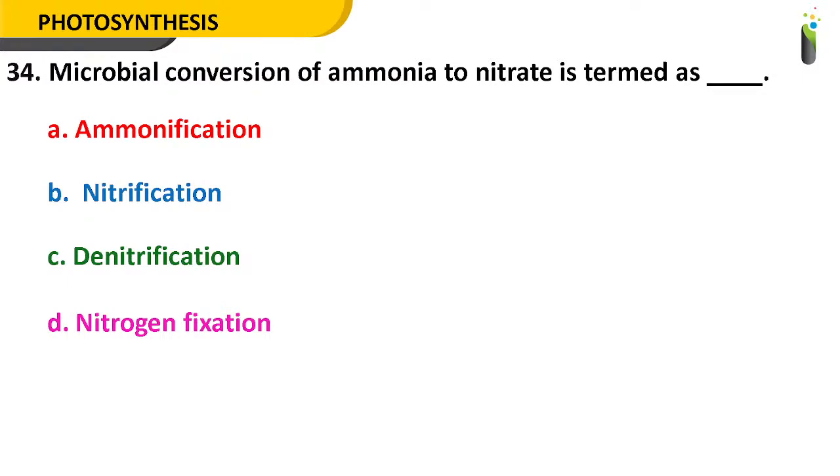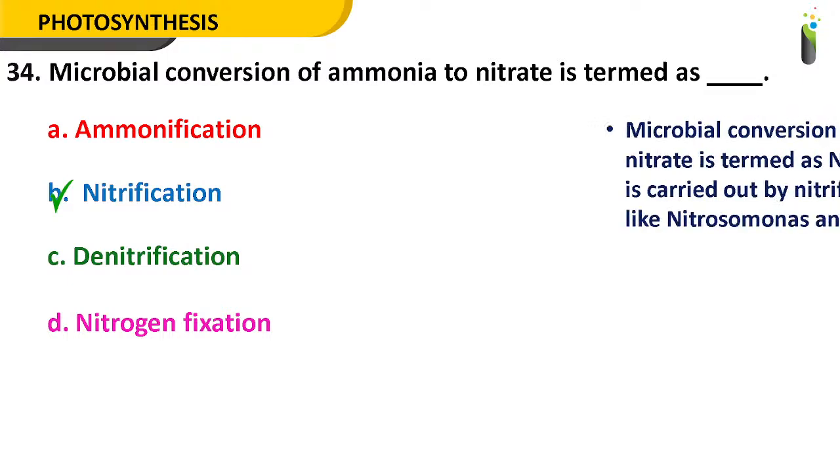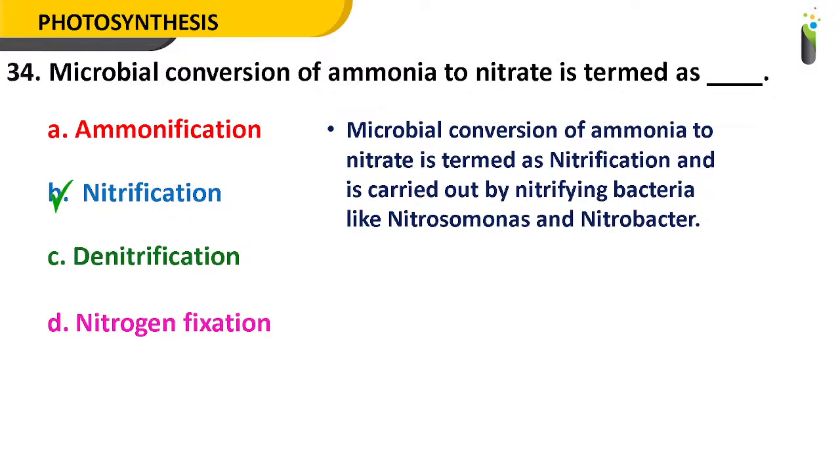Okay, so what should be the answer for this question? Microbial conversion of ammonia to nitrate is termed as dash. And the perfect answer for this question is B, nitrification. Now, before going to the next one, you have something to remember.